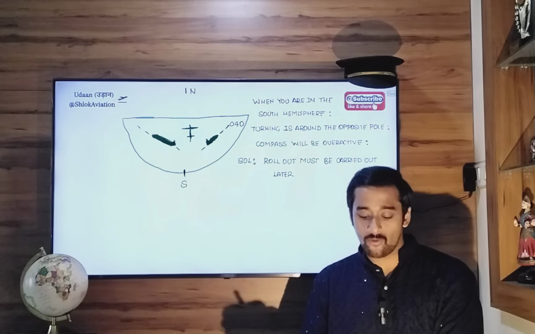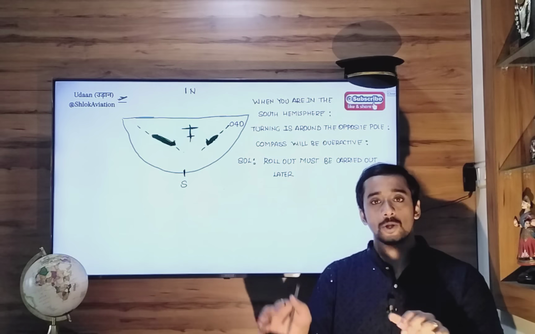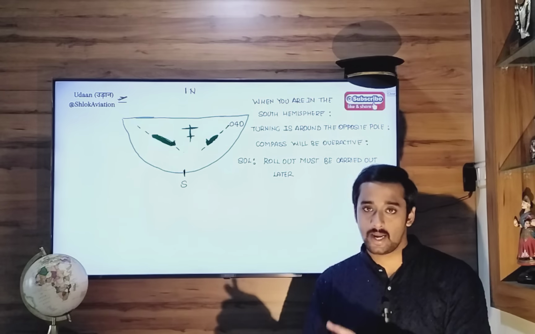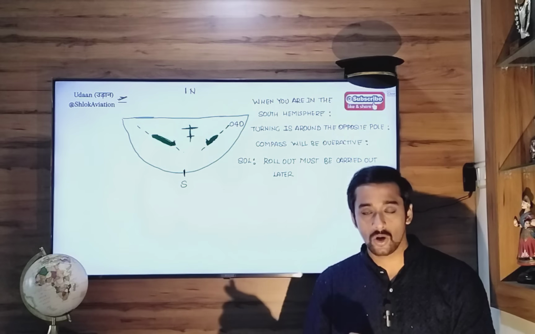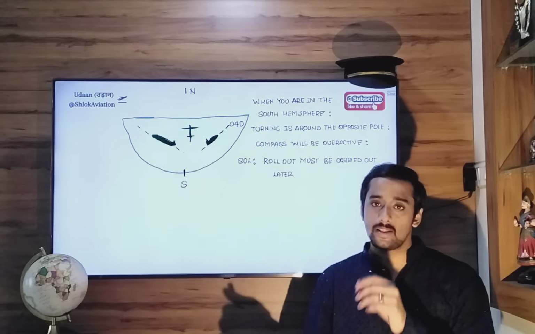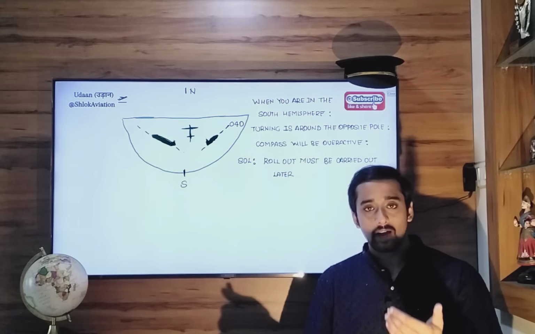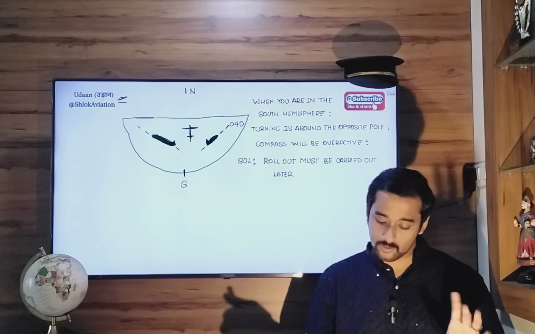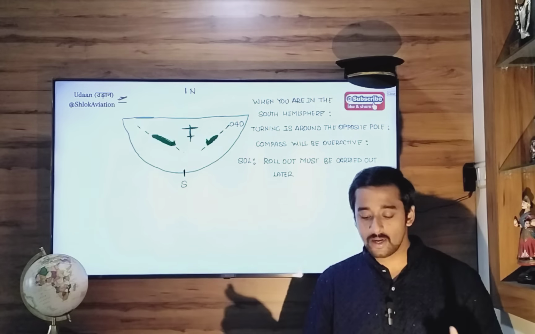So in such a case, you will start rolling out your aircraft, unbanking your aircraft, after you reach your desired heading. So your desired heading is 040. You will start rolling out at a heading which is later than or beyond 040, like 050, 060, something like that. So rollout must be executed much later.